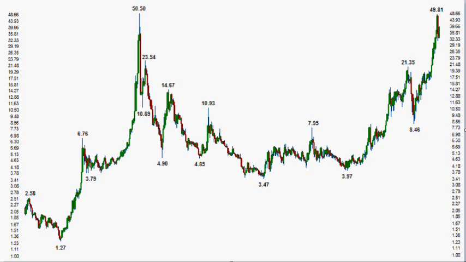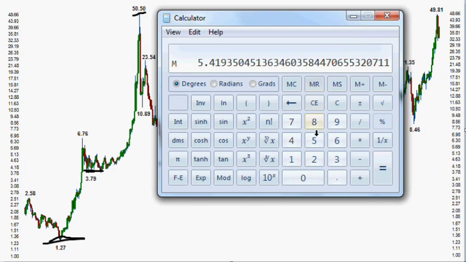And then you had the big move up to $50.50 per ounce. When you're doing Fibonacci from this high, then the levels you can use, one, you can use $1.27. You can also use this 379 low as well. They were both significant areas. If we take the $1.27 low, we'll use the 50-50 high.